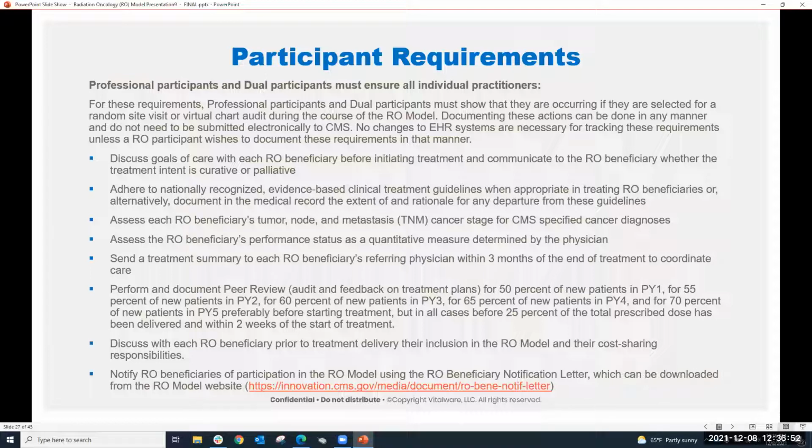It should preferably be before the patient starts treatment, but it is required to be done before 25% of the total prescribed dose has been delivered and within 2 weeks of the start of the RO treatment. Many of you already have existing peer review processes because it's required by some organizations and accreditation programs.